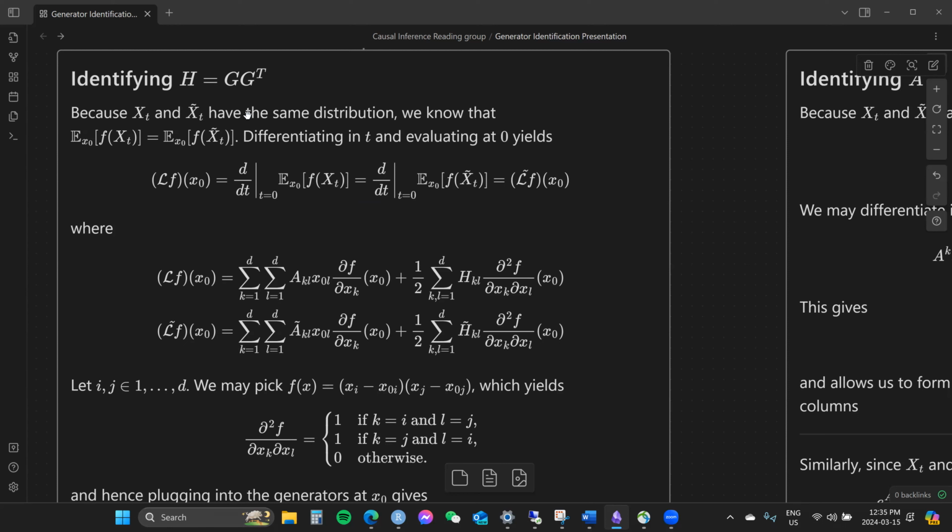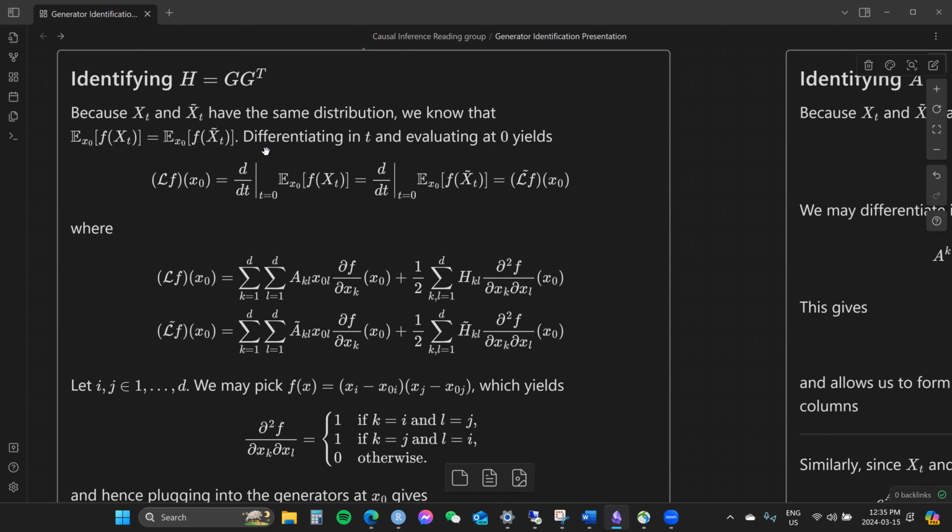The first case of identifying the diffusion, because this is an additive case, is really easy because it's a constant matrix. You can get this directly from the definition of the generator. Because you have the same expectations at each time for Xt and Xt tilde.